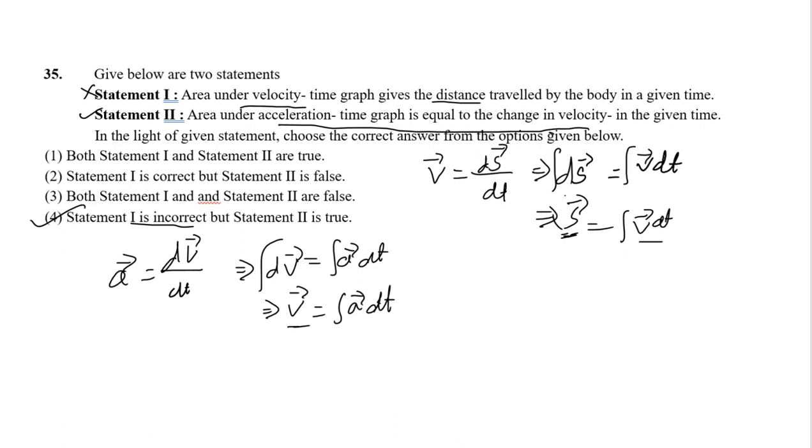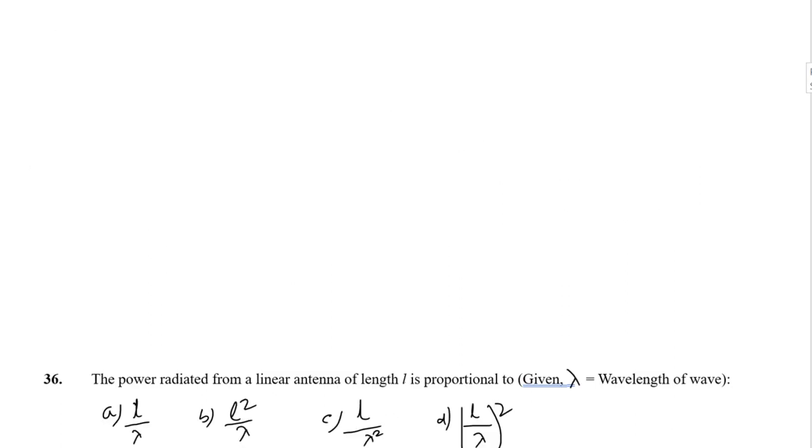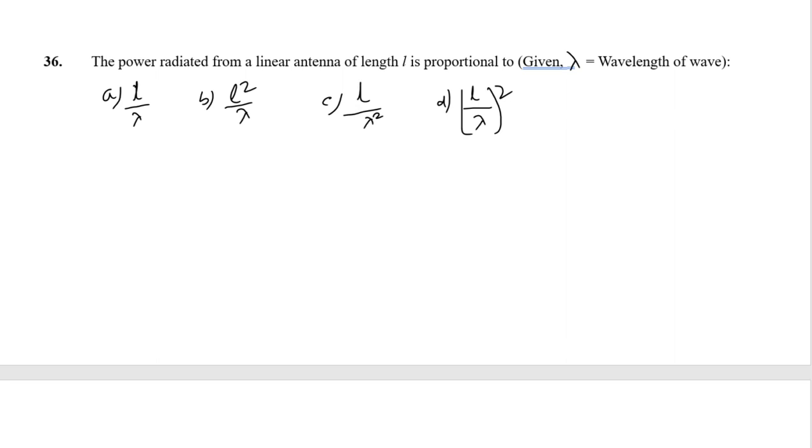Next question. It is saying the power radiated from a linear antenna of length L is proportional to, and lambda is the wavelength of the wave.